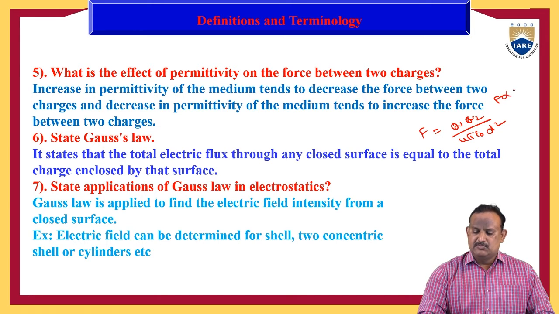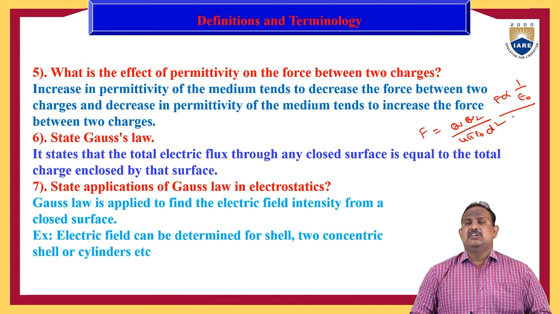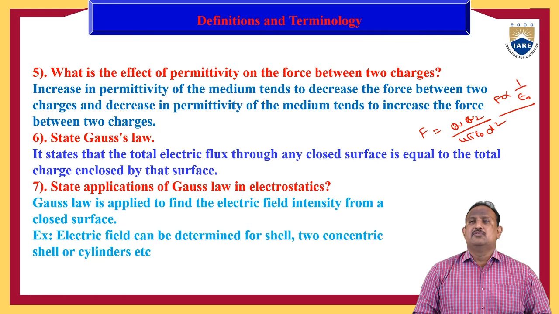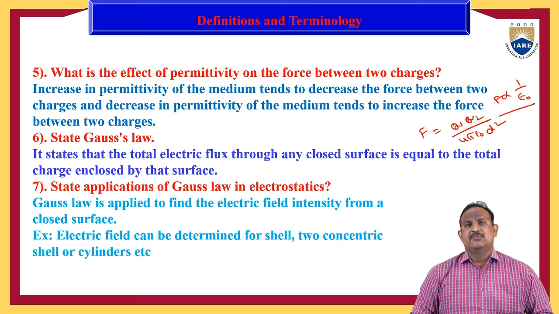Therefore, F is inversely proportional to epsilon. So if we increase the epsilon naught value, automatically the force decreases. Increase in permittivity of medium tends to decrease the force between two charges, and decrease in permittivity of the medium tends to increase the force between two charges.